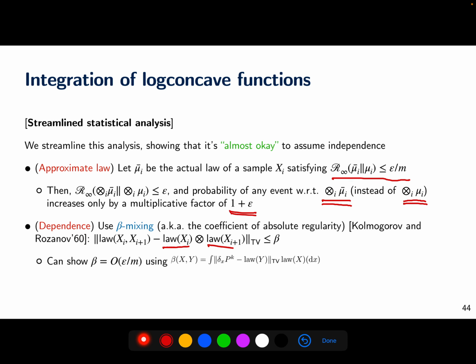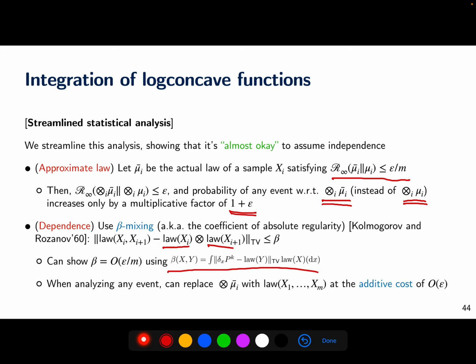In our paper, we show that this beta can be bounded by epsilon over m using this known inequality. And then when analyzing any event, we can replace this independent reference measure by the actual dependent joint law only at the cost of this additive cost of epsilon.